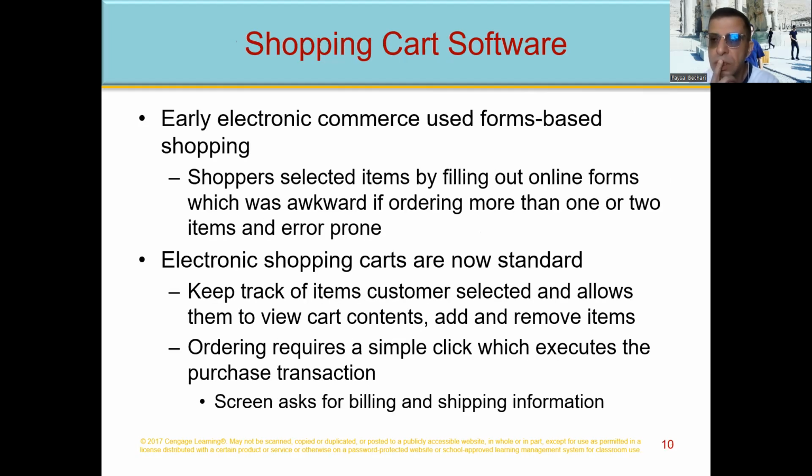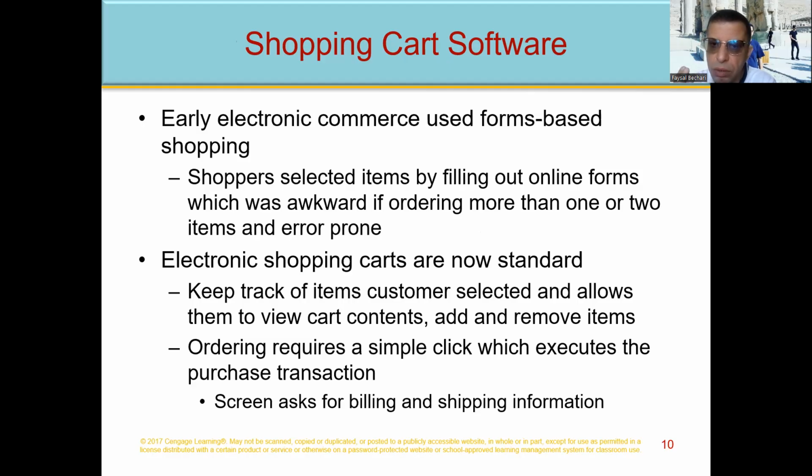Now, the second part is shopping cart software. Early electronic commerce used a form of shopping. Shoppers selected items by filling out online forms, which was awkward if you're ordering more than one or two items, and there might be errors if it's complicated.